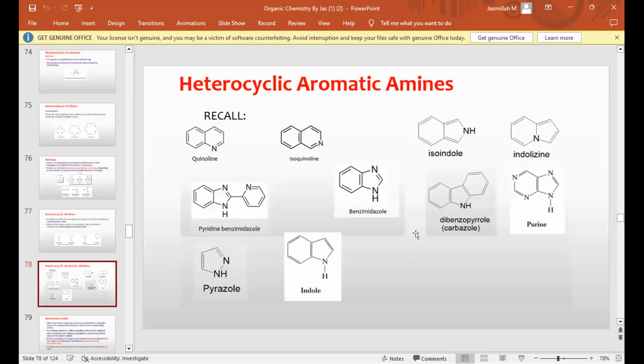I think we also did some of these yesterday. Quinoline, you can see this structure, is found in mefloquine. We did most of these yesterday.